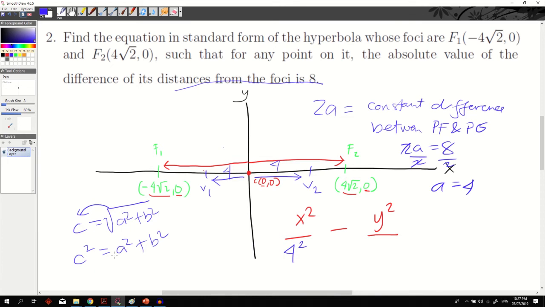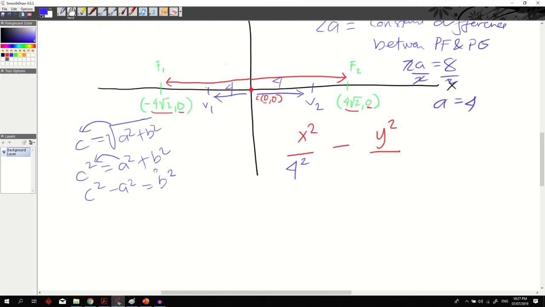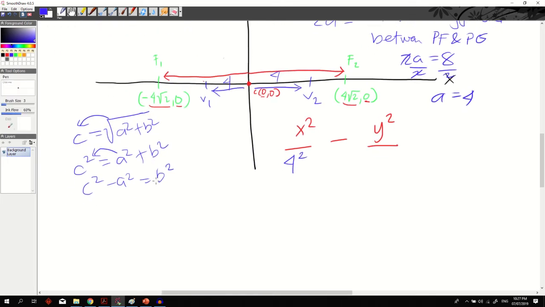Then we transfer a, so c squared minus a squared equals b squared. Then we take the square root. So square root of c squared minus a squared equals b. So we have c? Yes, where's the c? So c is from this one to this one.